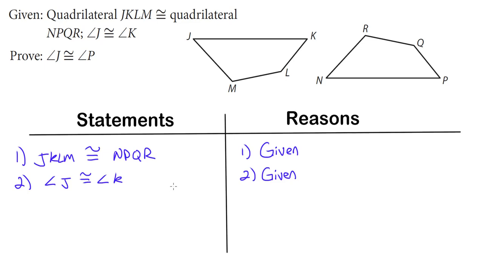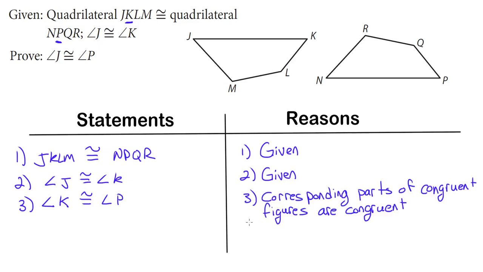So what else do I know here that could help me? Well, I know that angle K corresponds with angle P because K is the second letter here and P is the second letter here. And if they correspond, then they're also congruent. So my third statement can be that angle K is congruent to angle P. And the reason is because corresponding parts of congruent figures are congruent.